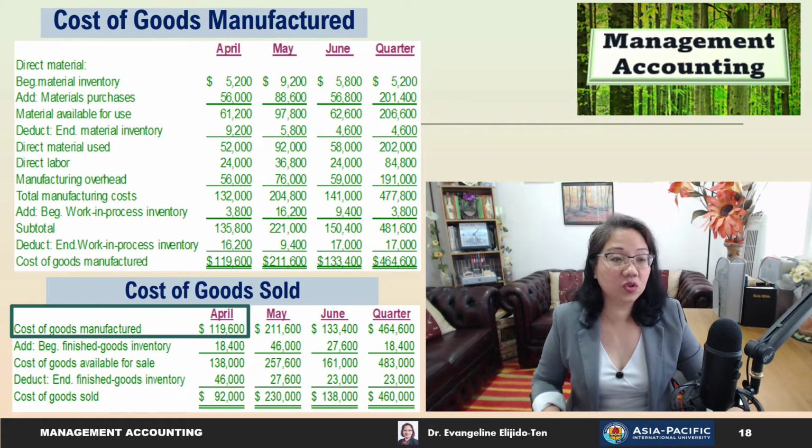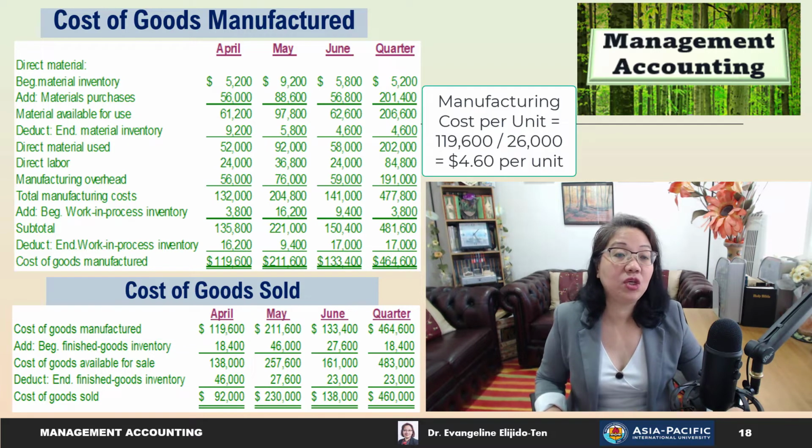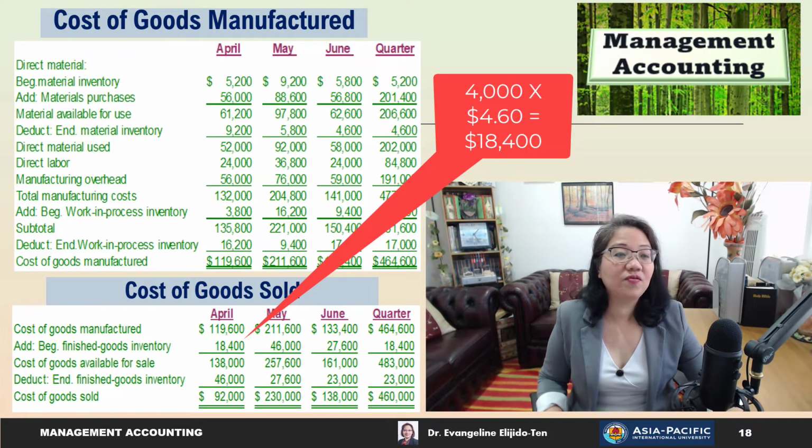The cost of goods sold manufactured at the beginning of April can be divided by the units manufactured, 26,000 units, to arrive at a unit cost of $4.60. Now, the 4,000 units in finished goods inventory at the beginning of April is multiplied by the unit cost to determine the beginning inventory cost.